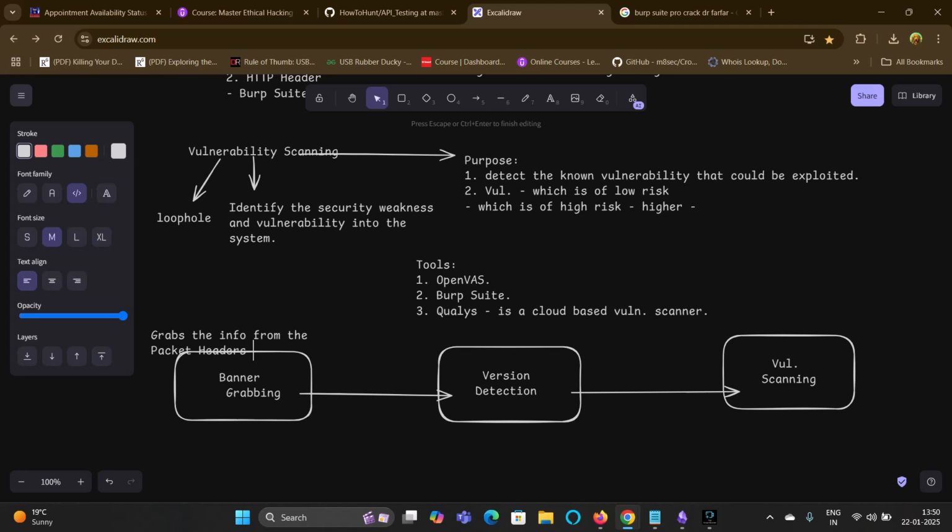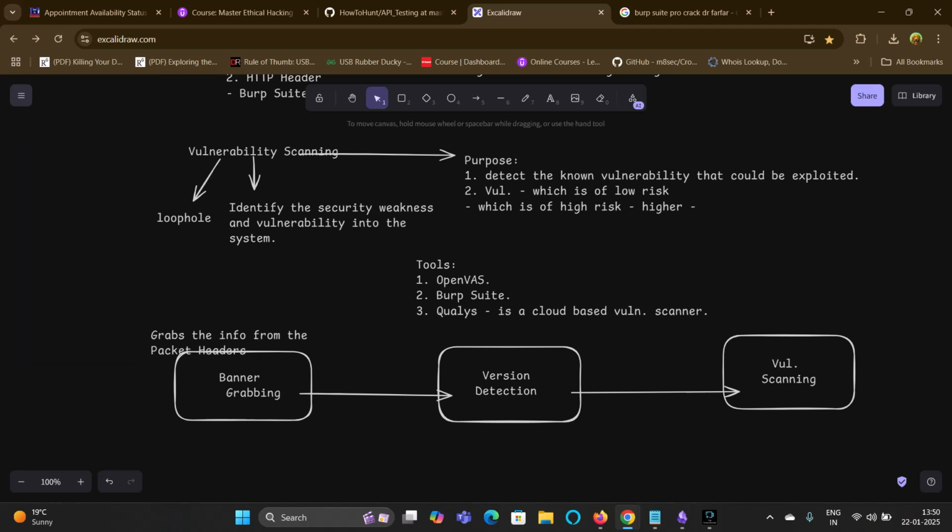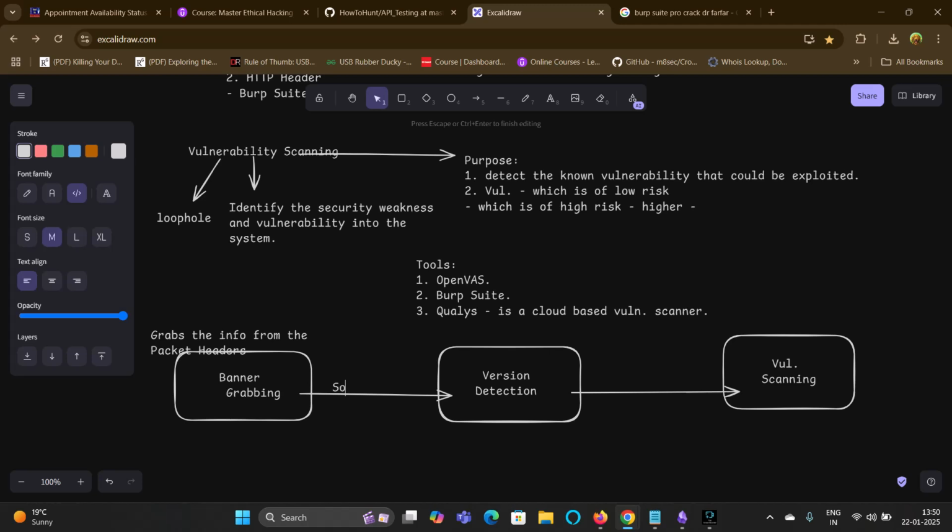Then we come to version detection. The information that it is grabbing is software types, or you can say the versions of the services that it is using. That is what banner grabbing basically does.